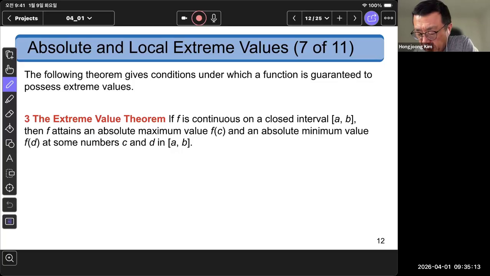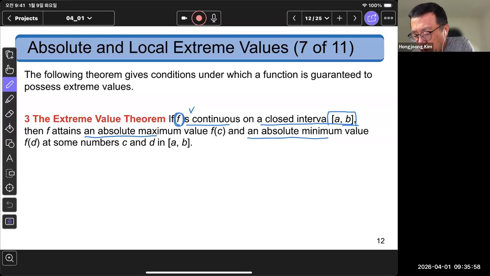So if f is continuous on some closed interval, and when I say closed interval, that means the interval includes both endpoints, so if your function is continuous on a closed interval from a to b, then you always have an absolute maximum and an absolute minimum.